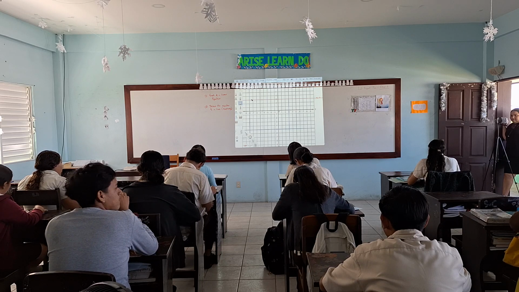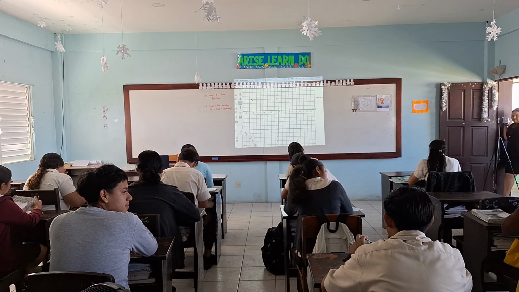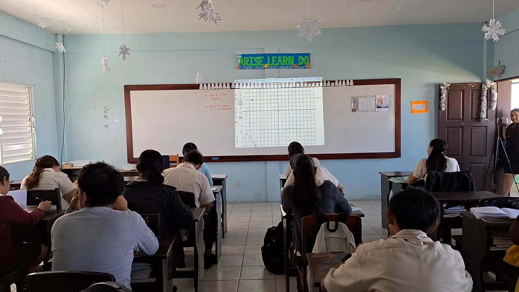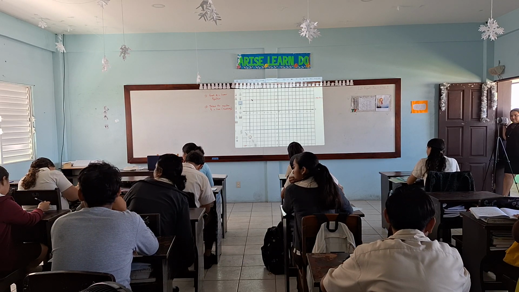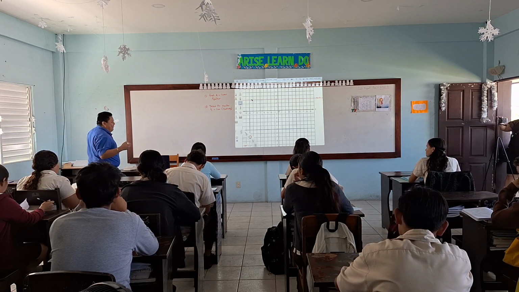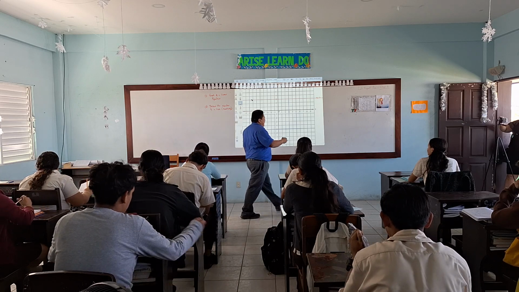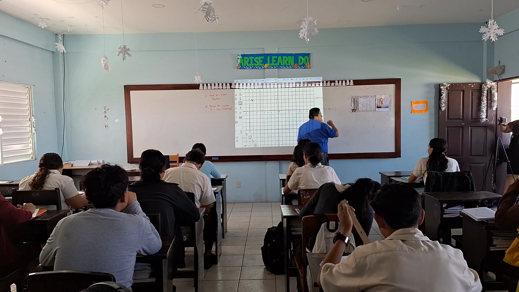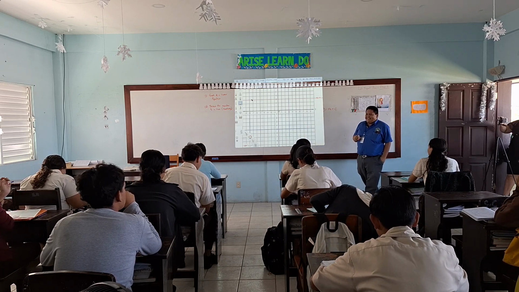So what's the general form of a straight line? We have been repeating this in previous lessons, just a recap. Y is equal to mx plus what? Plus c. Alright?